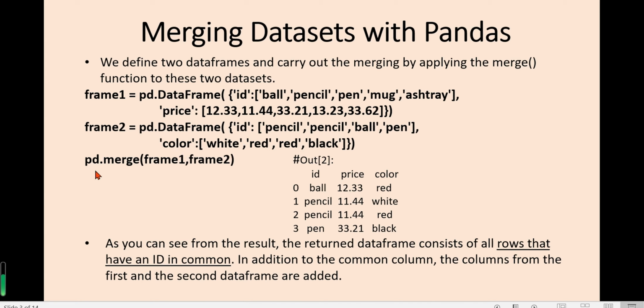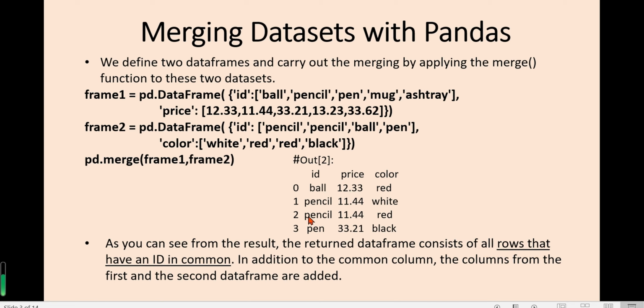Then if we write pd.merge frame 1 and frame 2, the output will be a data frame with 3 columns, because, as you can see in the results, the returned data frame consists of rows that have an ID in common in the two data frames.